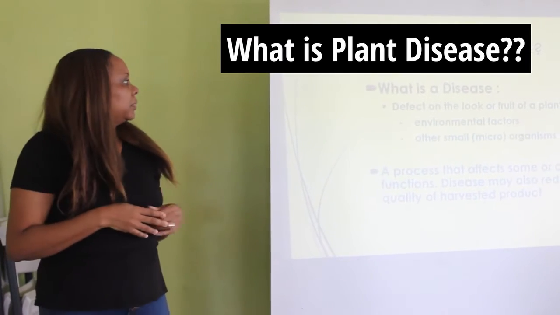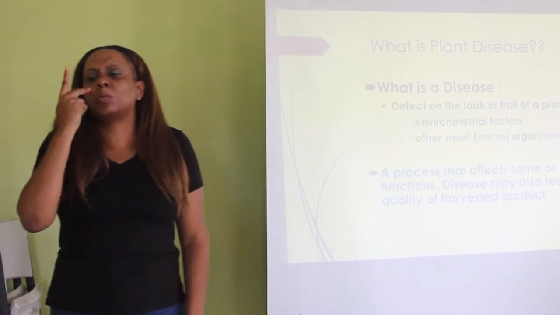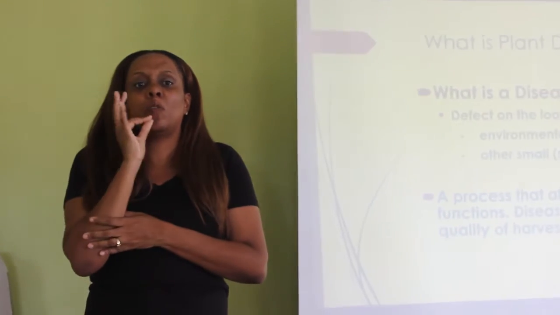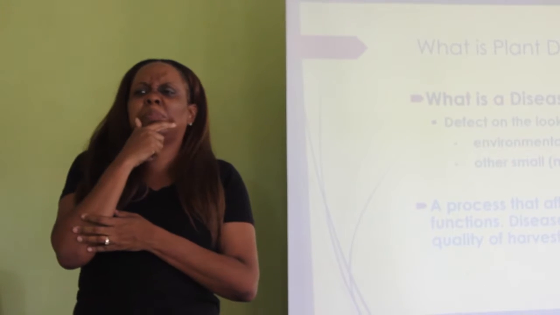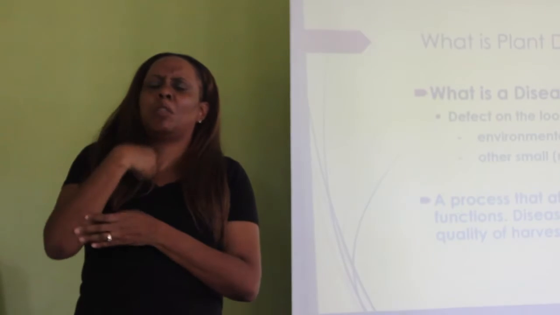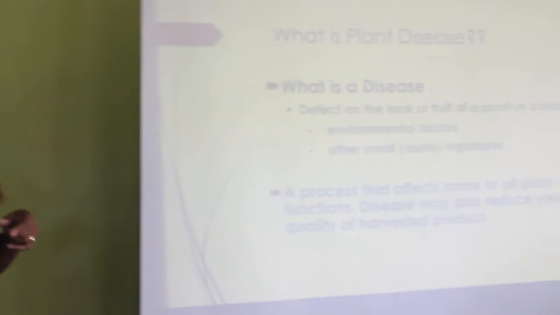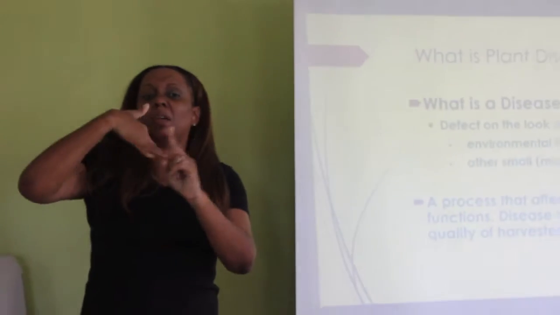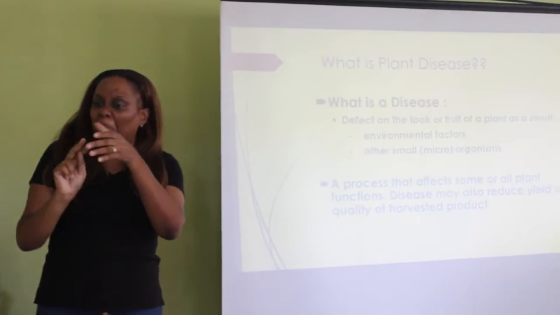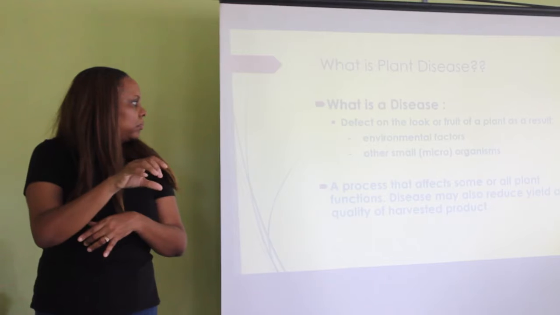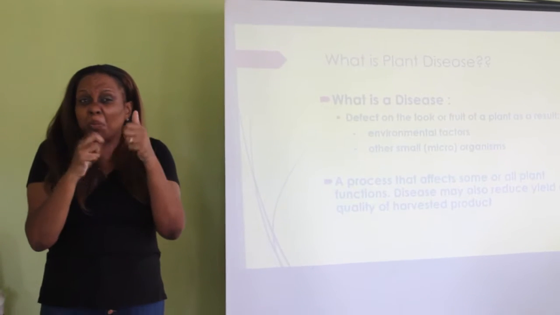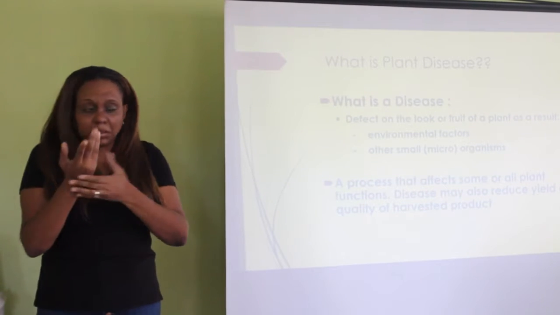A defect on the look of the fruit or of the plant as a result of environmental factors. Those are things that are around us that may cause the plant to become sick or not normal. And other small microorganisms may also cause diseases.